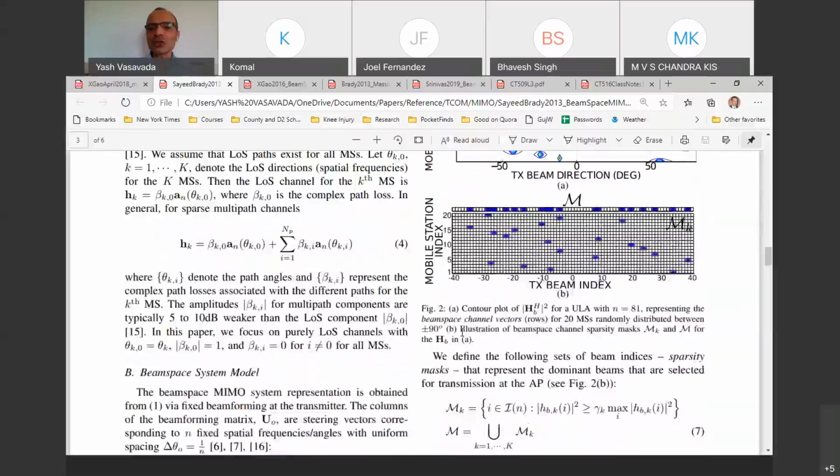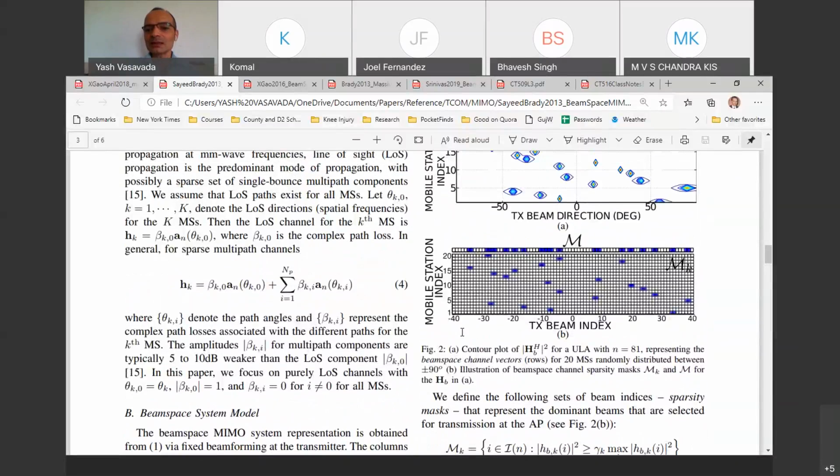What they are essentially showing is that if they form beams going from -40 to 40 degrees, and they have, let's say, 20 different user terminals, then they are looking at an overall grid which is so huge.